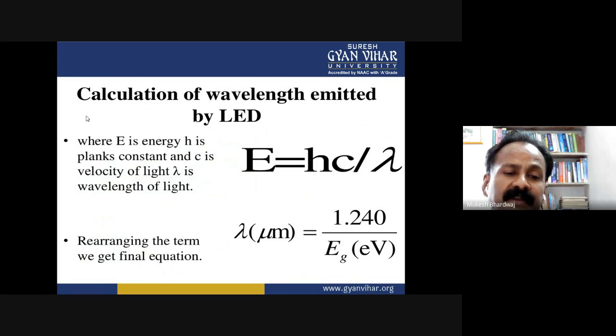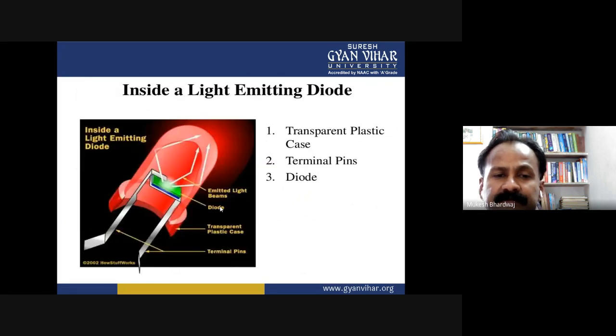Rearranging the terms, we finally get the equation lambda equals hc by E, where h is the Planck constant and c is the velocity of light. When you do the calculation, finally you get the wavelength in micrometers equals 1.240 upon energy in electron volts. So this formula is widely used for calculating the wavelength of the light.